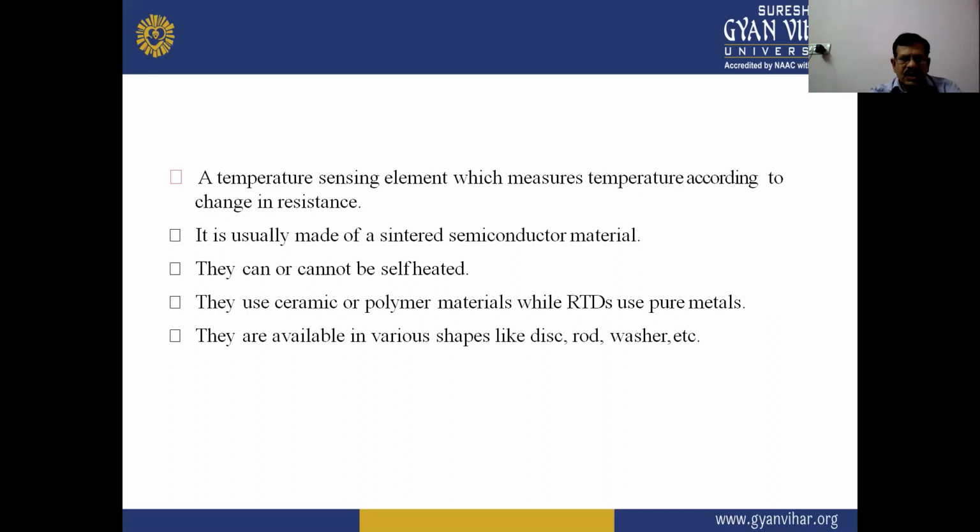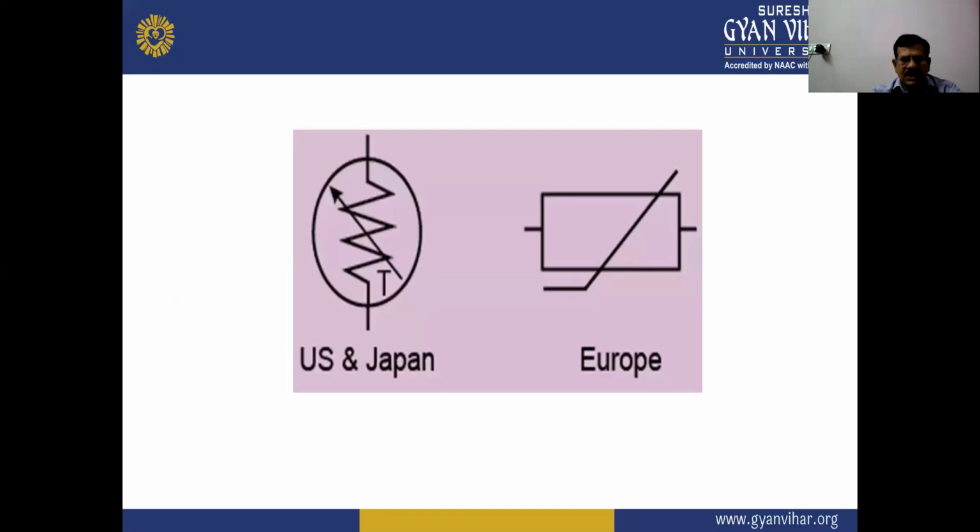So we use ceramic or polymer material to make the thermistor device, and they are available in various shapes like disc, rod, washer, etc.